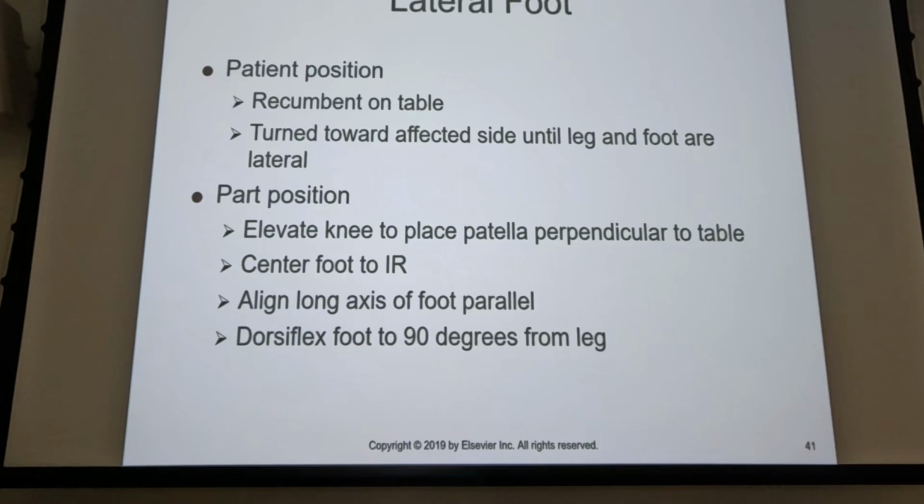Okay, here it is. Under position part, the first bullet point says, elevate the patient's knee enough to place the patella perpendicular to the horizontal plane and adjust a sandbag support under the knee. The heel should not touch the image receptor and the medial surface of the foot should be parallel with the plane of the IR. Okay, so that's the part that I really want you to focus on, that the medial surface should be parallel to the IR.